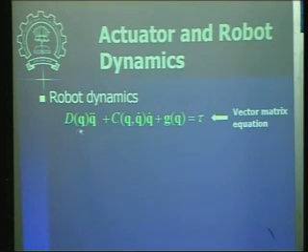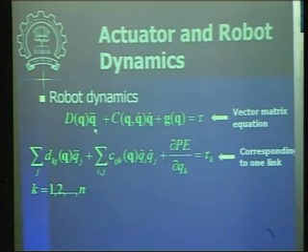These are the matrices D, C, and g and tau are vectors, and q double dot and q dot are vectors. Now this is the corresponding form for one of the joints or one of the links of the robot. You remember we derived this form using the Lagrange formulation, basically the kinetic energy and potential energy of the robot. So this is the standard form of the robot dynamic equations.